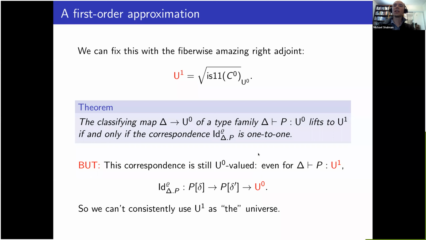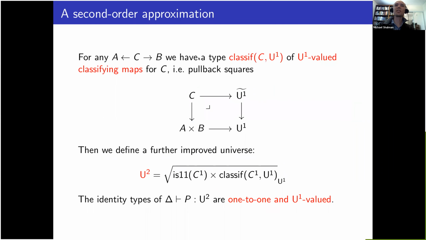Okay, so we want to say something more about the identity types of these things, so we can do something similar with this fiber-wise square root. Instead of building the classifying object for being one-to-one, we'll build the classifying object for having a classifying map to U1. Using the locally Cartesian closed structure, we can build an object of classifying maps evaluated in U1.